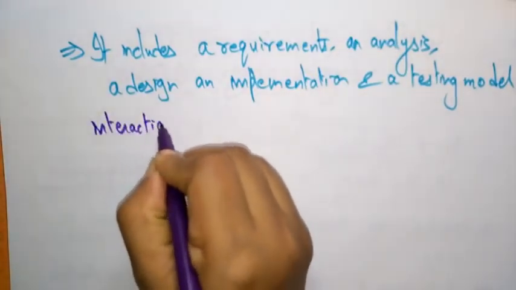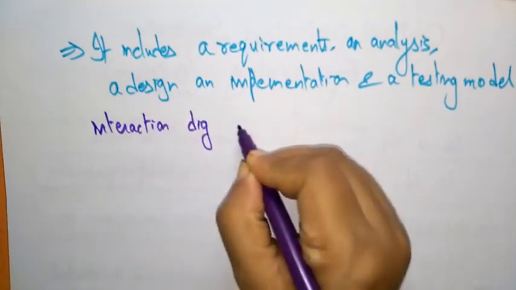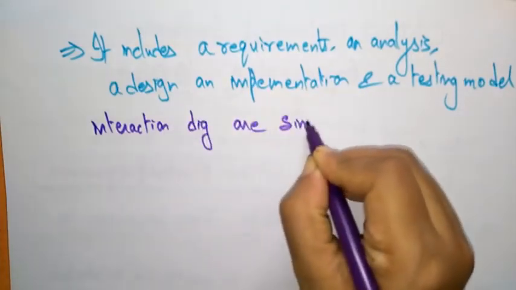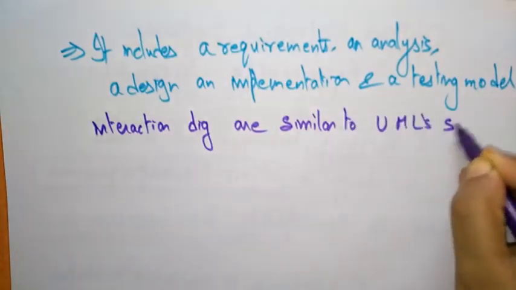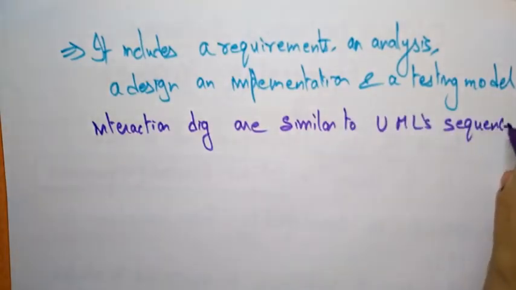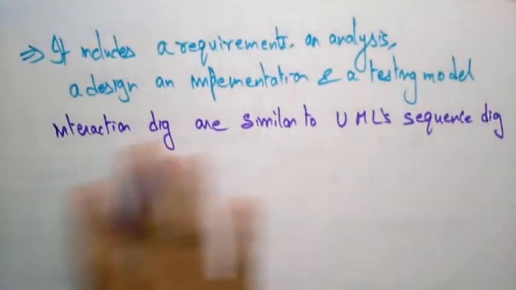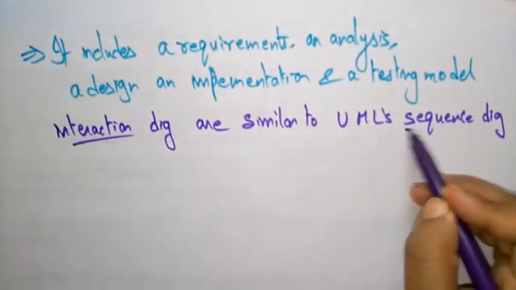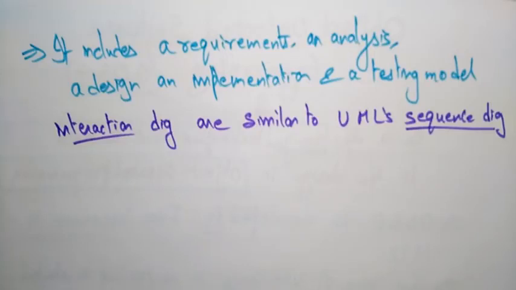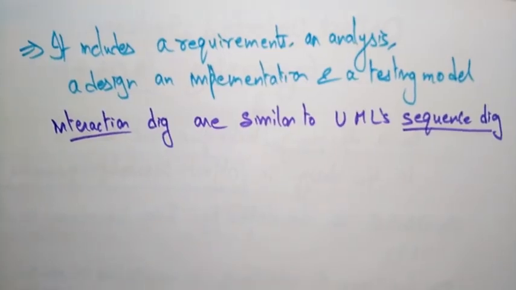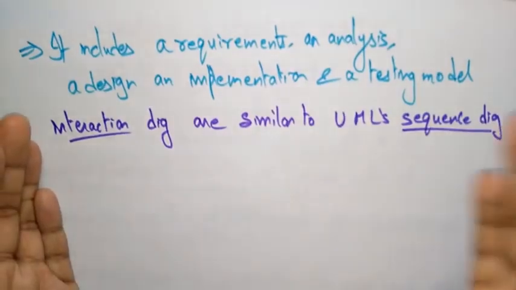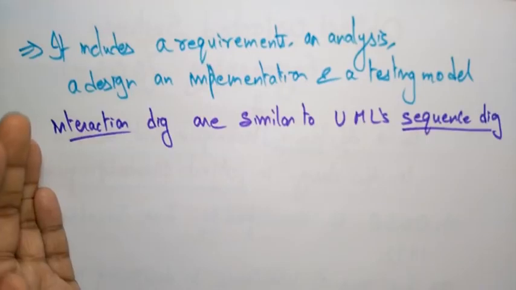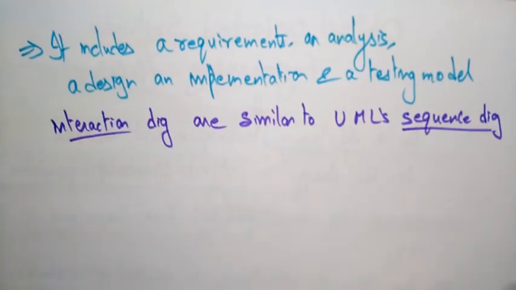Interaction diagrams and sequence diagrams are the same, but they were created by different authors. Jacobson created the interaction diagram and another author created the UML sequence diagram, but the concept is the same.